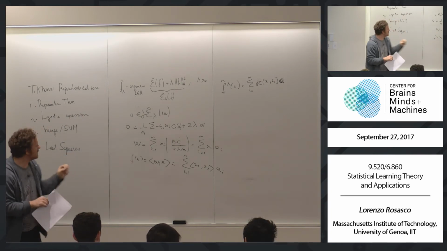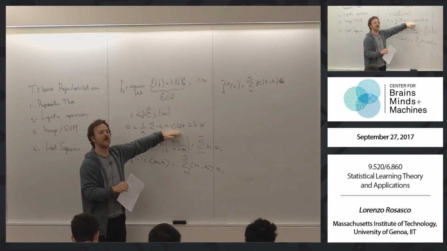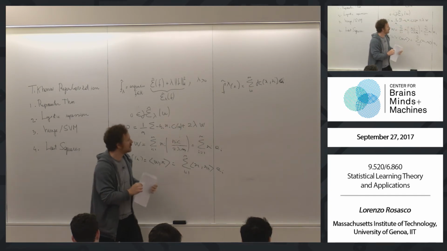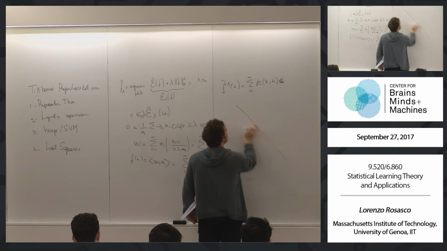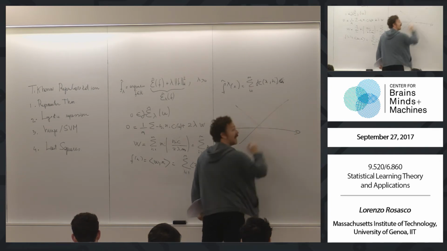These ci's are going to be different from 0 either if I'm on the wrong side, or if I'm on the right side but not by much. So the typical picture: let's do the one-dimensional one first. This is x, one line.